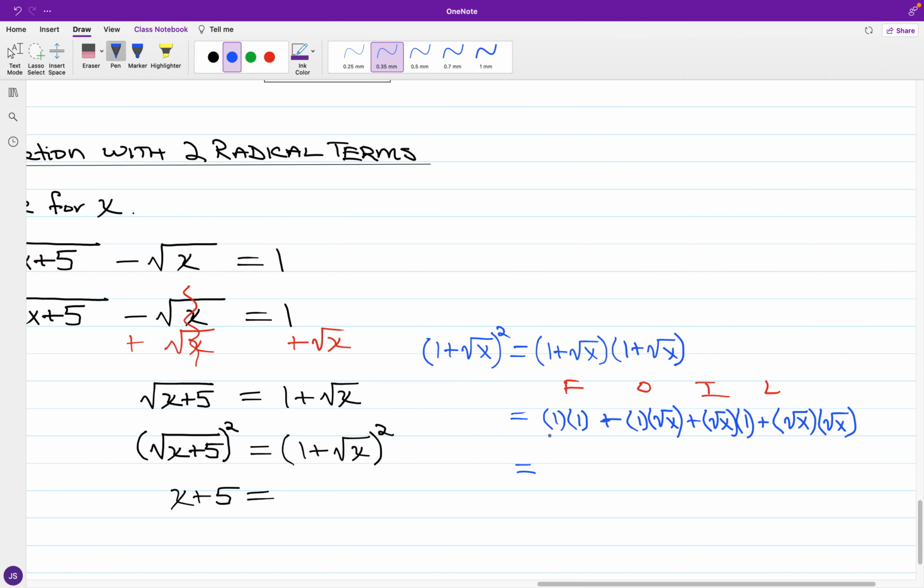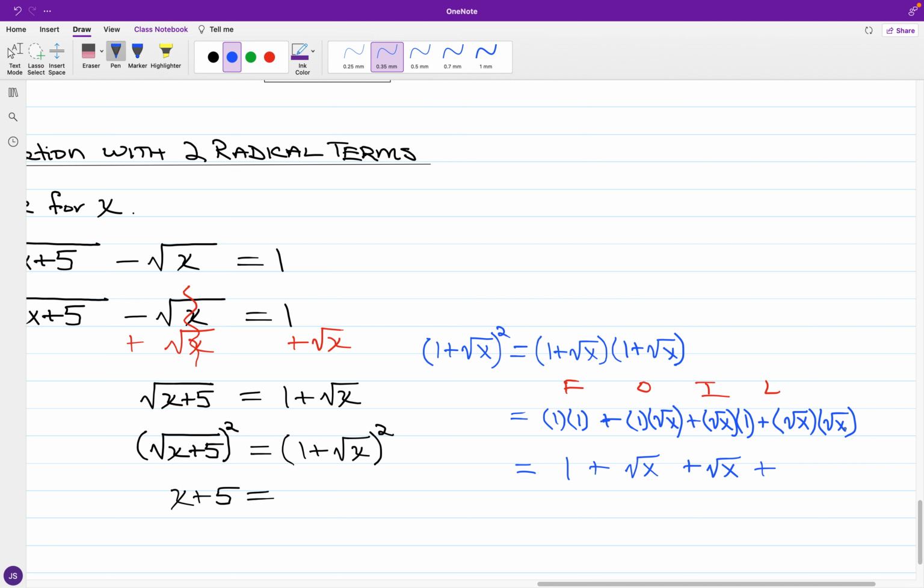Now looking at what we have in the follow through. So 1 times 1 is 1. Outside product is going to be the square root of x. Inside product likewise. And the square root of x times itself. Anytime you have the square roots and you have the term repeated, it's just going to be what is inside the radical.